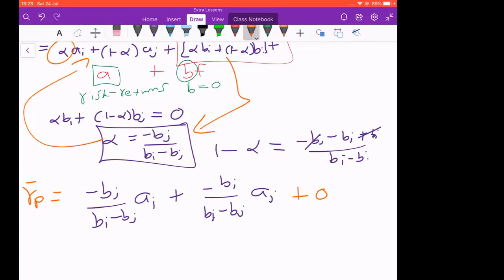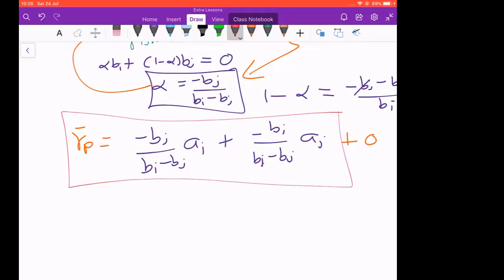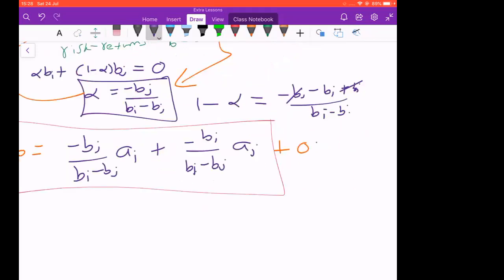So basically this is your risk-free rate, because this thing is not affected by the factor. So you can just say this thing is going to be your risk-free rate, right? Anyway, how can I really explain this?